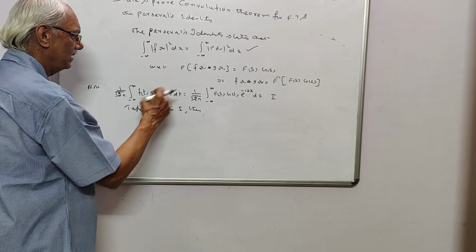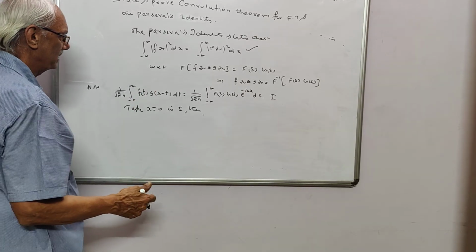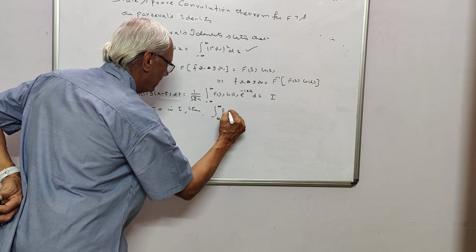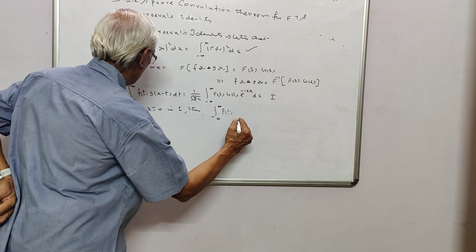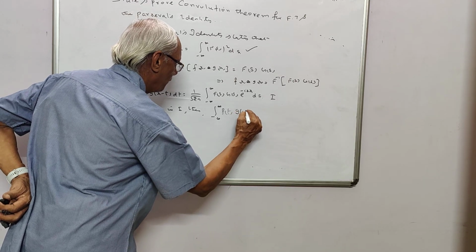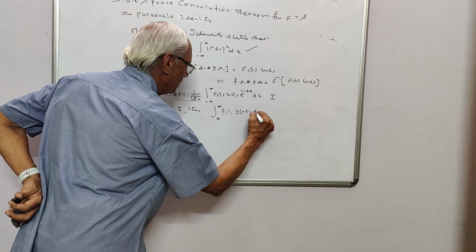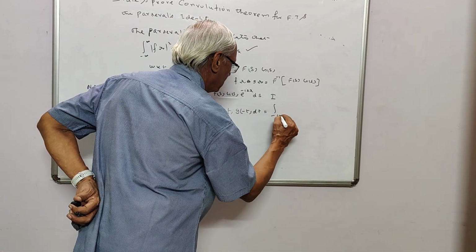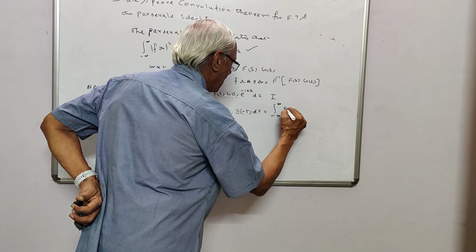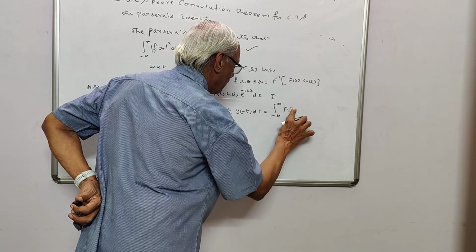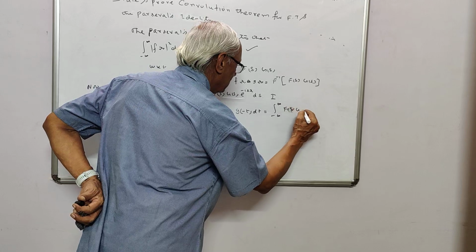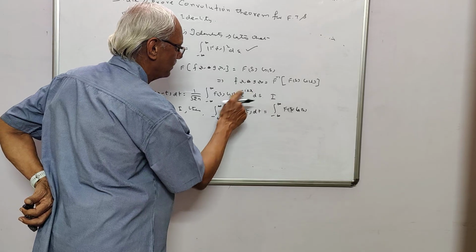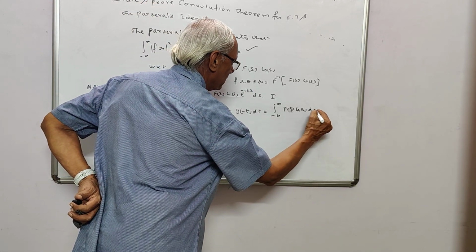There is no need to write it, they will get cancelled, they are only numbers, and you will get: integral from minus infinity to plus infinity of f of t into g of minus t dt is equal to integral from minus infinity to plus infinity of f of s into g of s, and x equal to 0 means e to the power of 0 is 1. So you will get this ds.